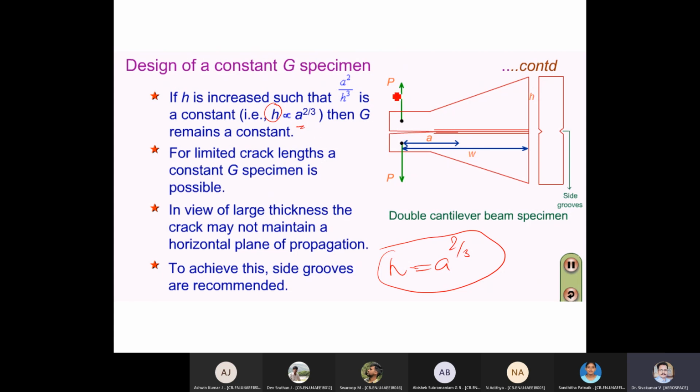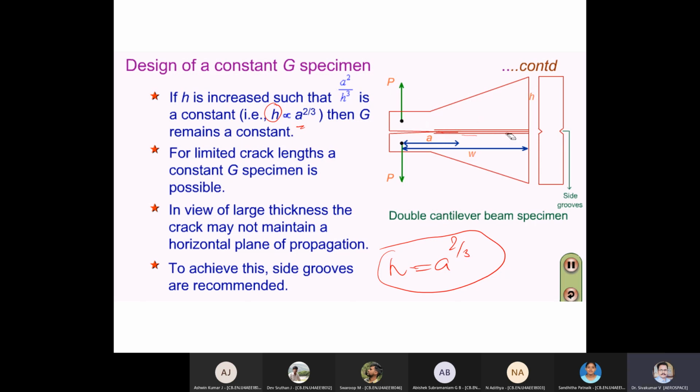Basically, the main important thing is that this is the double cantilever beam. It is supposed to be like this, but they made it something like this. Why? Because the crack should march in the horizontal direction, and only then can I easily get the parameters.